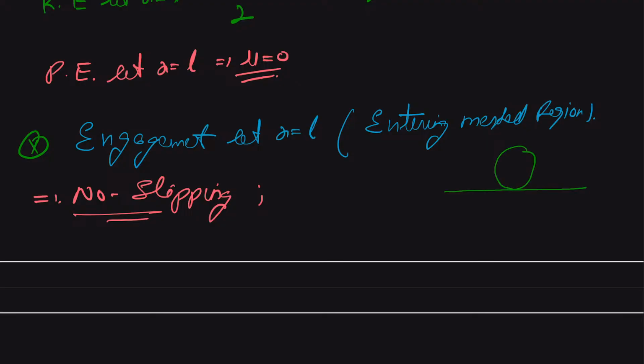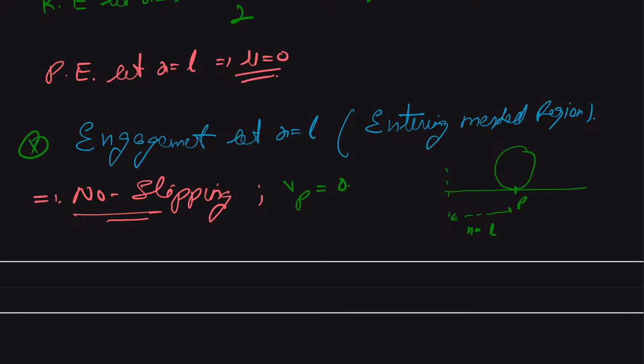At this position, exactly at x is equal to L, suppose this is our P point, therefore the velocity of this P point will be equal to 0.